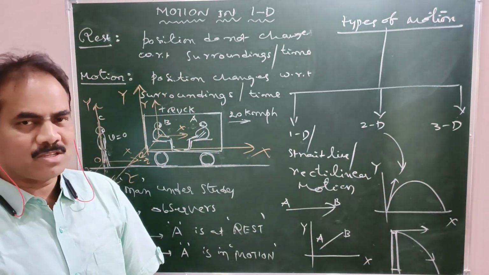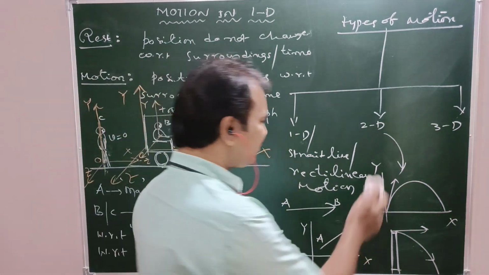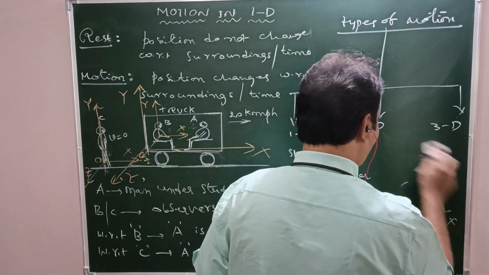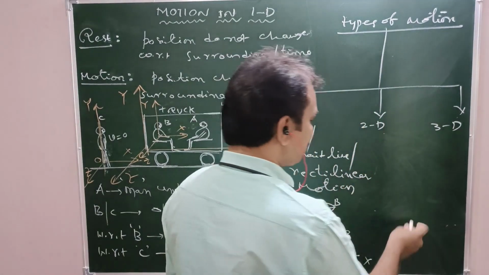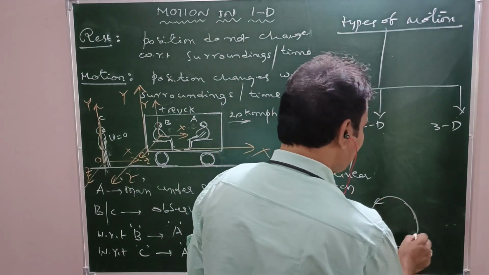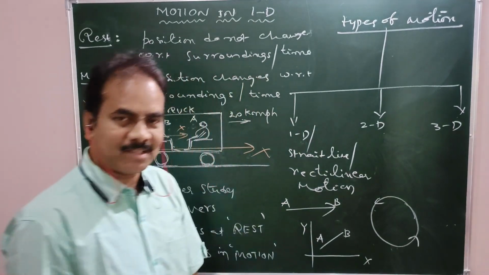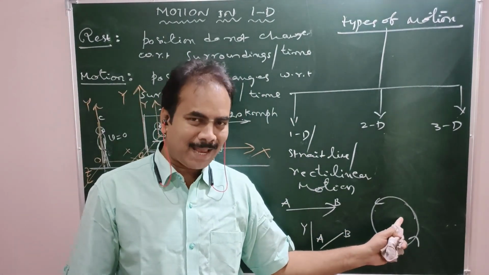One more example, which we shall usually come across in future, is circular motion. Circular motion is also an example for two-dimensional motion. Suppose the motion of a particle along a circle like that. This is also an example for two-dimensional. Why? Because this is basically a planar motion.